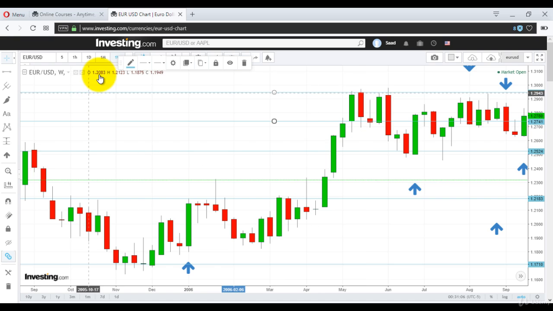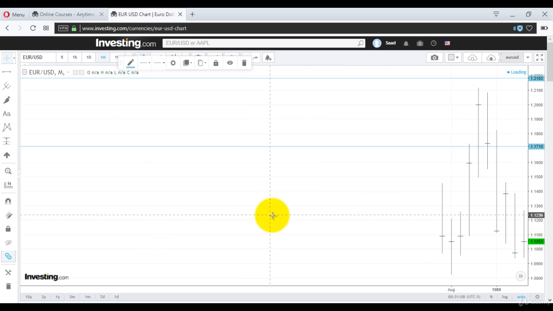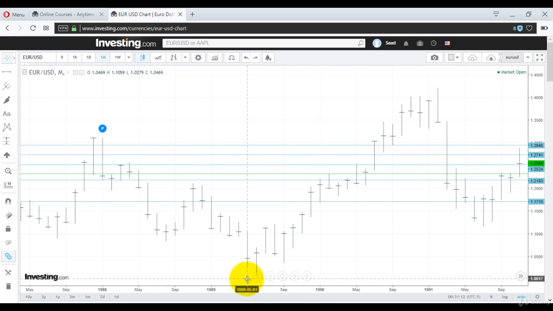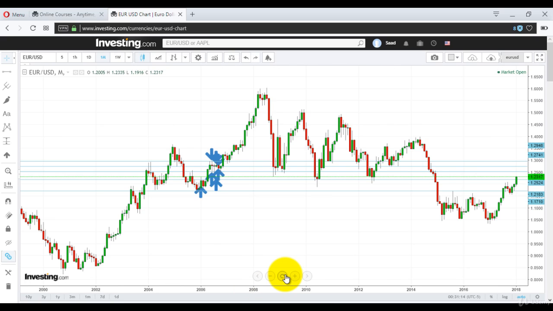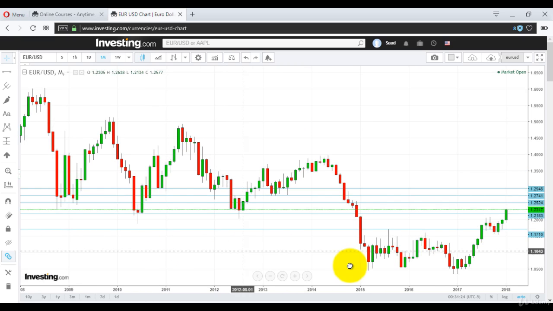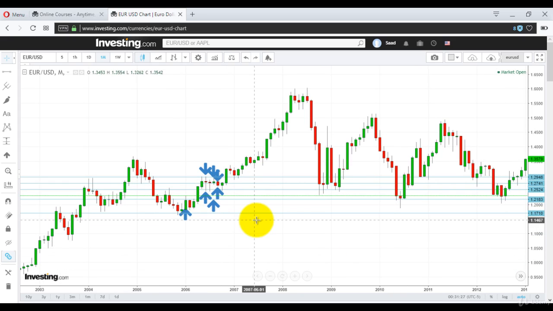Sorry, 2006. Now if I turn to the monthly chart and I move to 2006, right here, this is our buying thing. If you look at it, and if I zoom further down, just look at it.